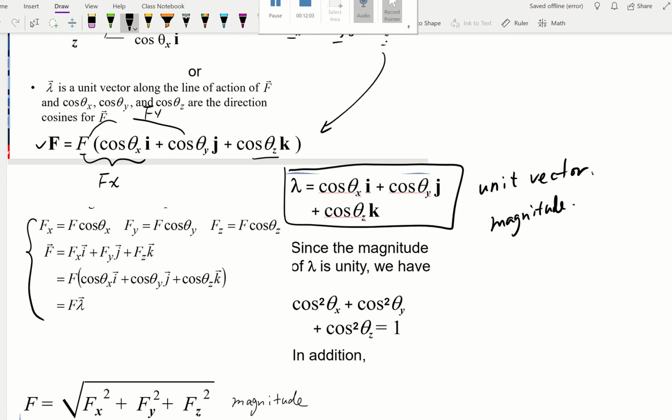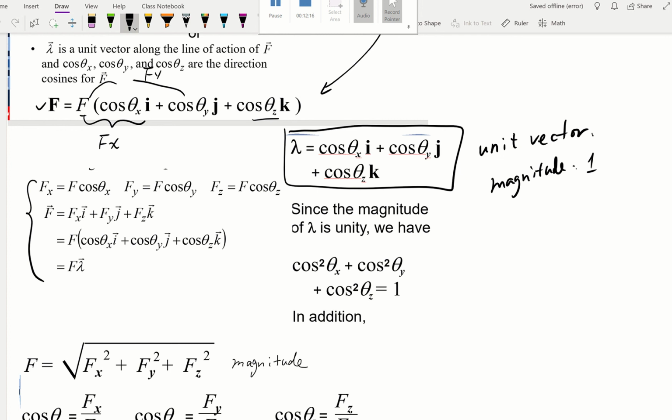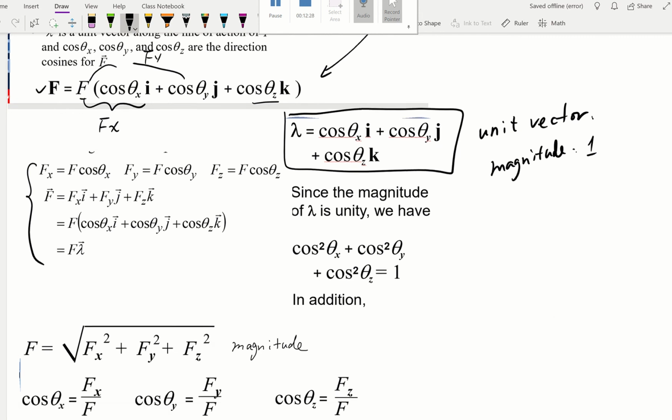That means the length is going to be 1. Then let's go look at this one. If this is lambda, it's going to be our unit vector, and we think about how do we get to magnitude.